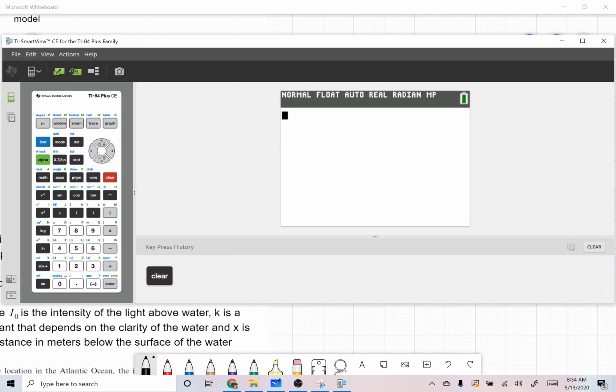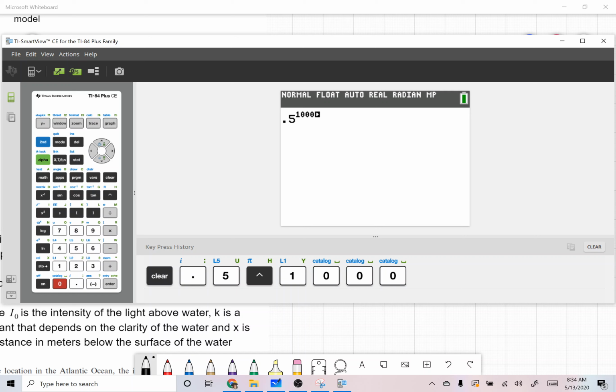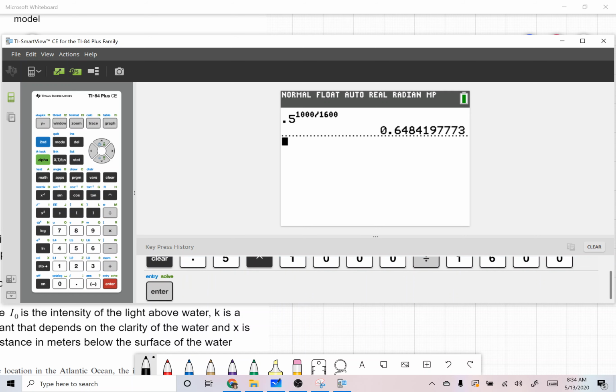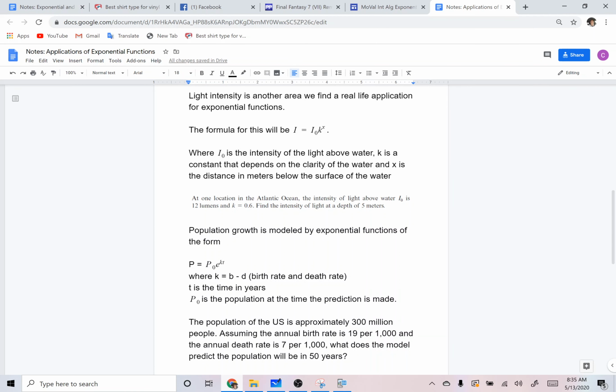A is 1, so we don't need to enter that, but we have 0.5 raised to the 1,000 divided by 1,600, which is 0.6484.